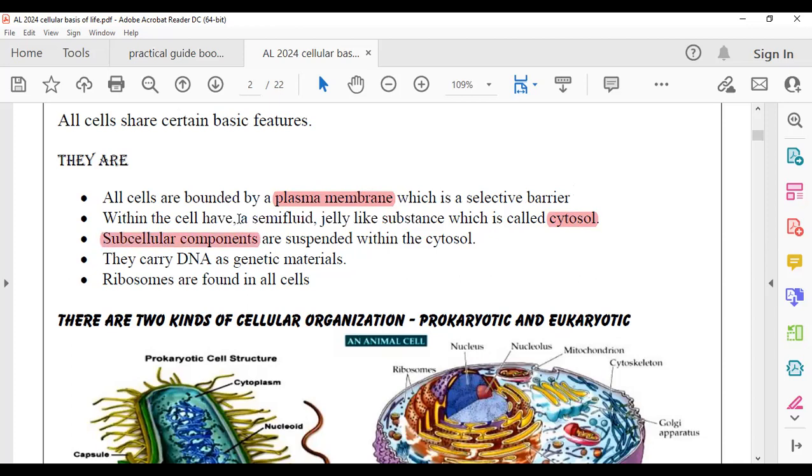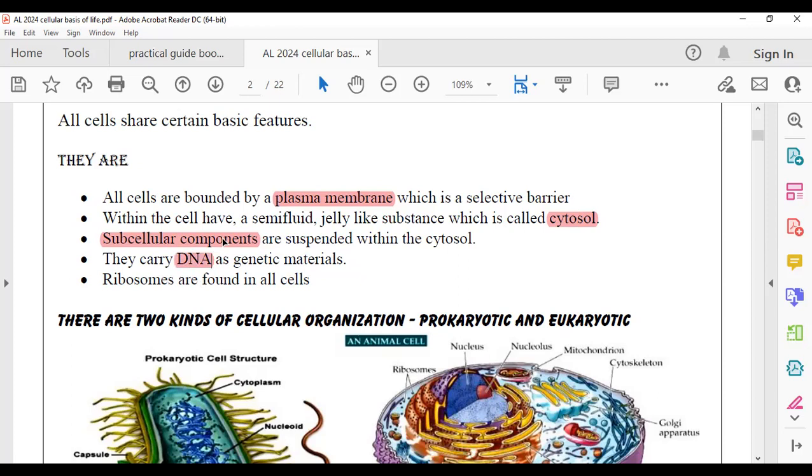Subcellular components. Any material staying inside the cytosol, or any material within the plasma membrane, is coming under subcellular component. Next one, DNA.